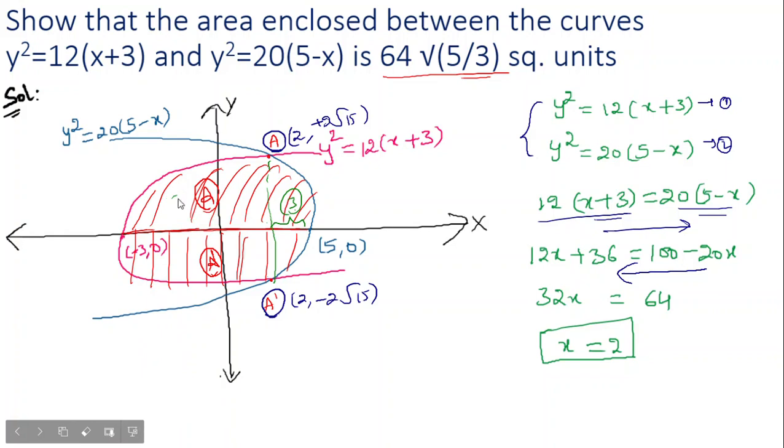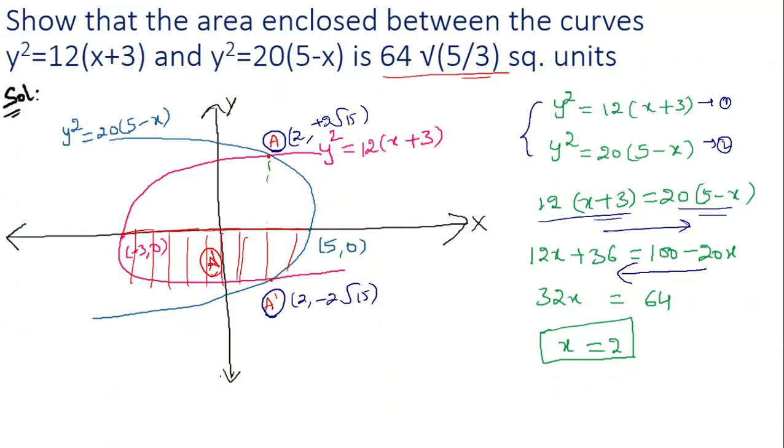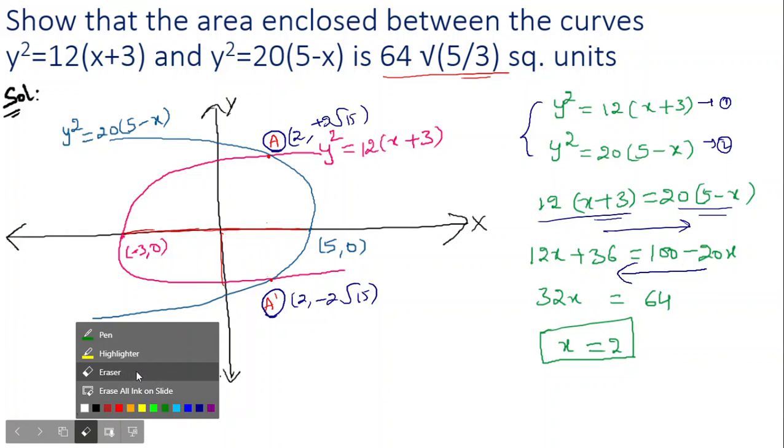To find the whole area between the curves, we just need to find either the area of the upper part or the area of the lower part. And after finding the area of either part, we just need to double it to find the whole area because the figure is symmetric about the x-axis.